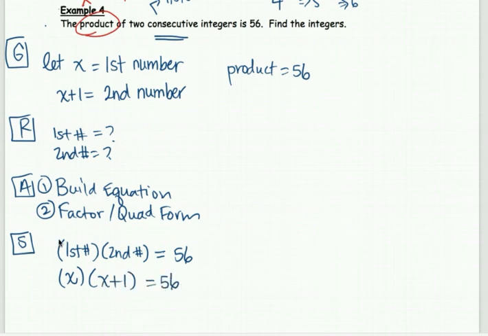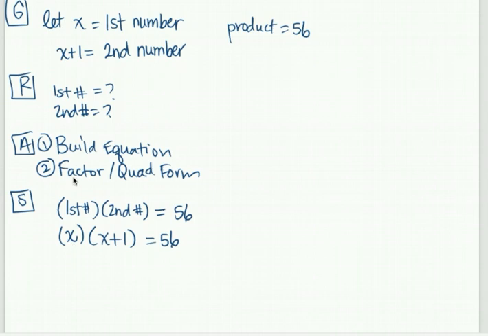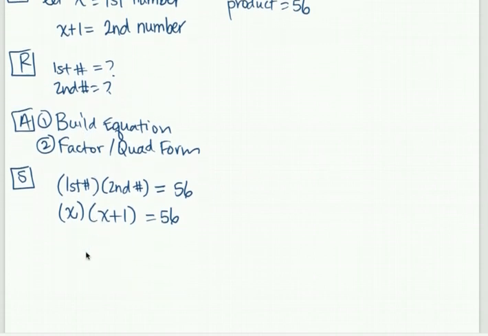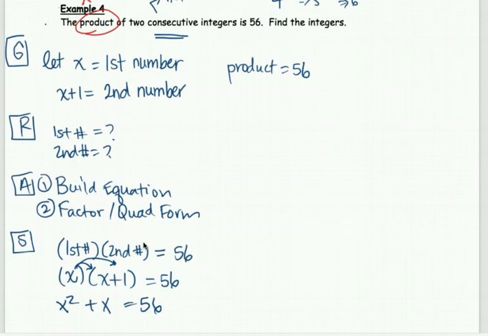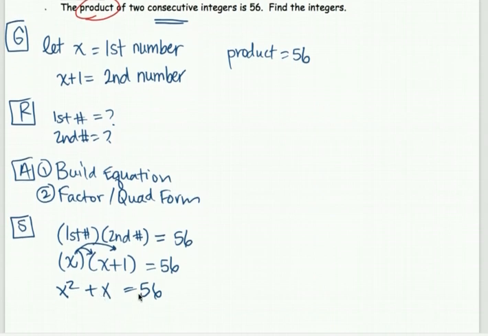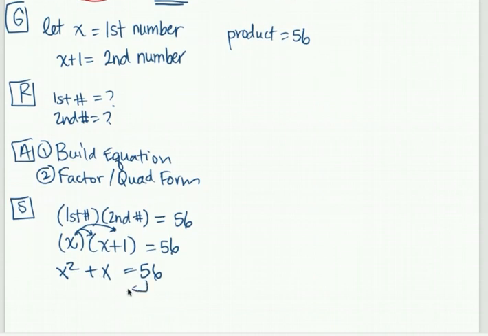And there we go. Now we have a quadratic equation here. So let's expand it out. That's x squared plus x equals 56. We have our equation built now. In order to solve the problem and find the values of x, we need to get it to equal 0. So move this over.